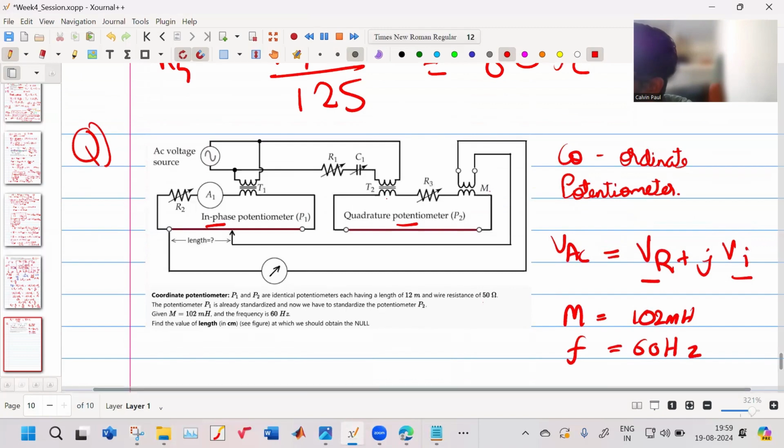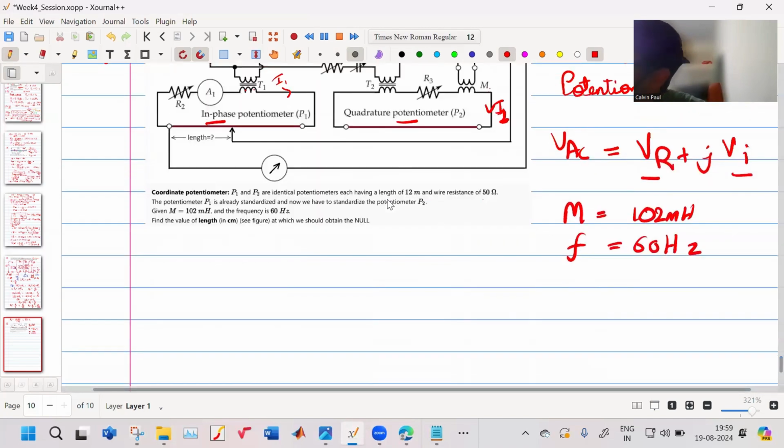So now what actually is happening is, over here, what current will flow? Suppose there's some current flowing, let us say I1. And because of this R1, C1 combination also, we want the same current to flow, let us say this is I2.